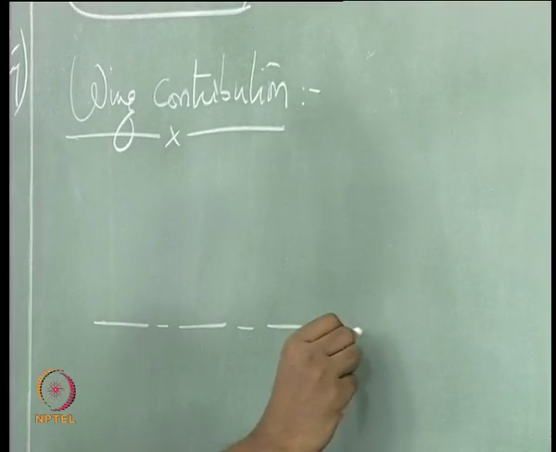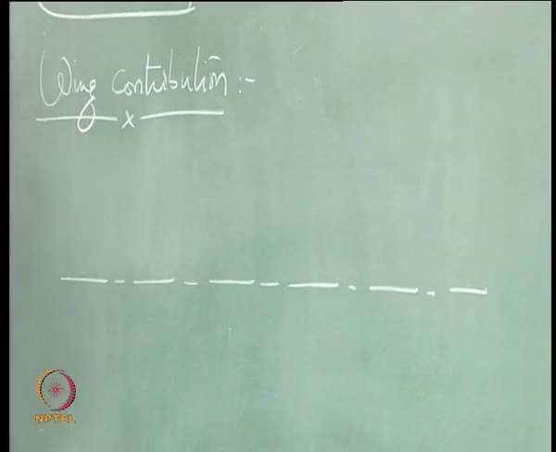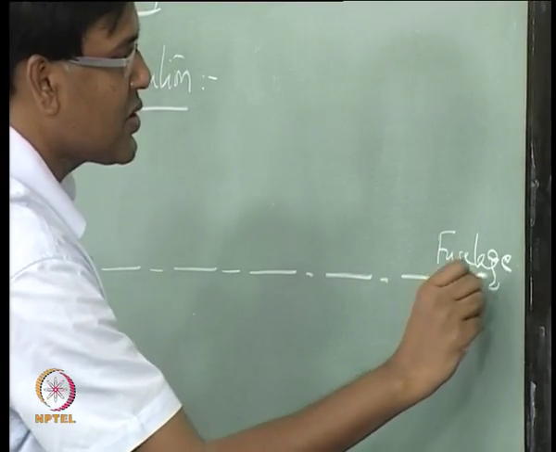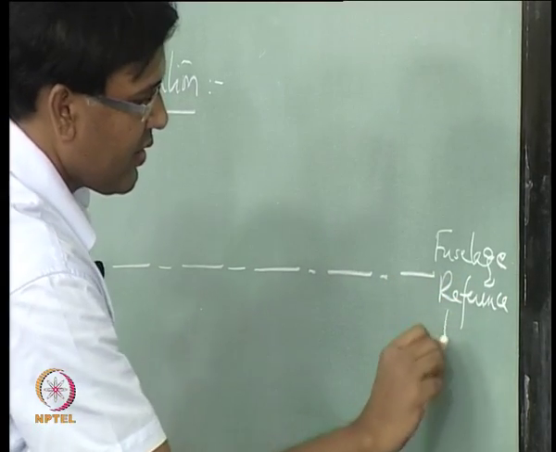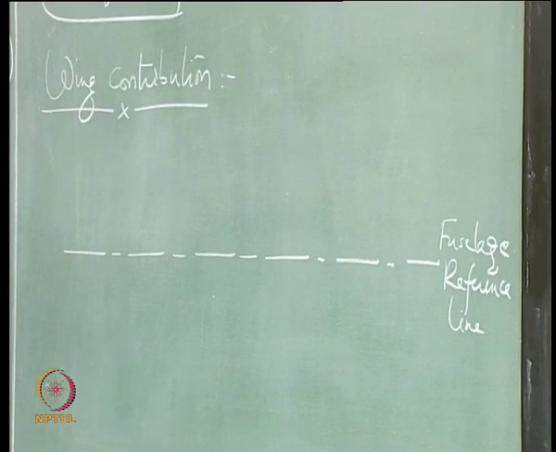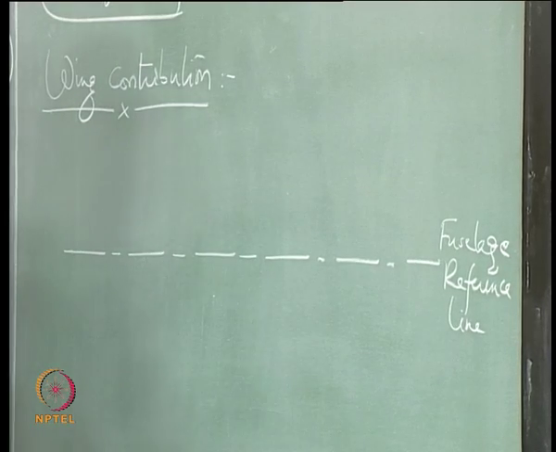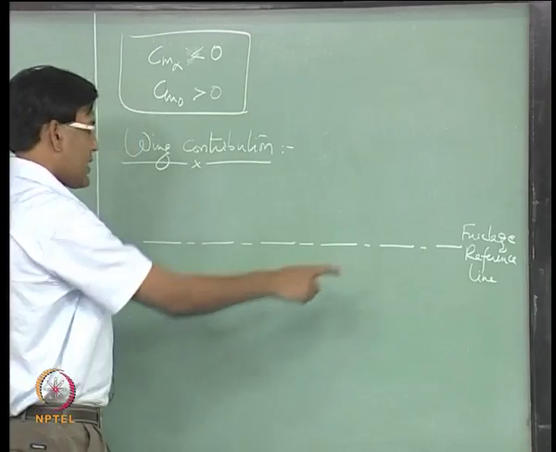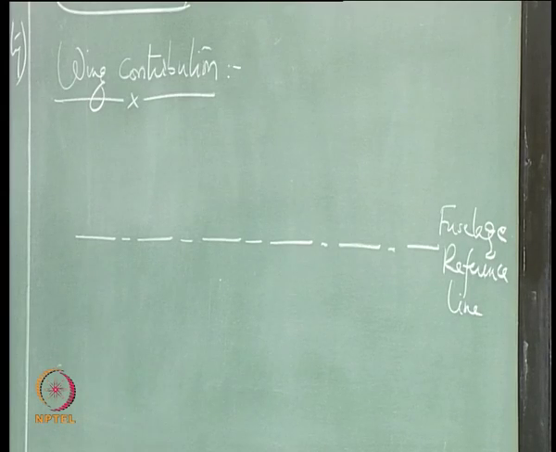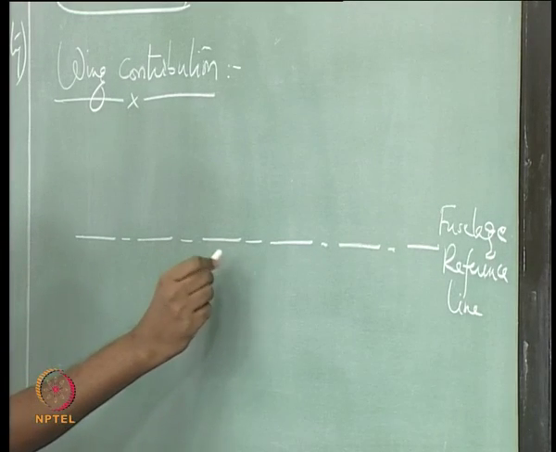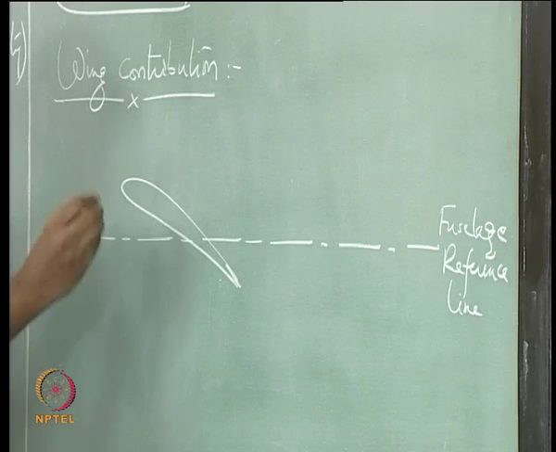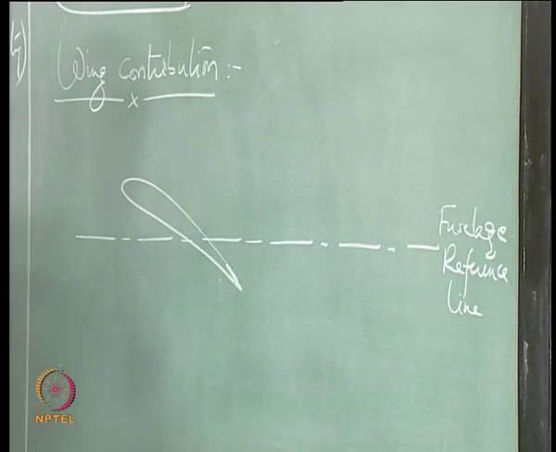So, we define some axes. Our idea is to look at the sign of this derivative due to different components. This line is the fuselage reference line, which you can obtain by joining the center line of different fuselage sections, and let us say this is a section of the wing.